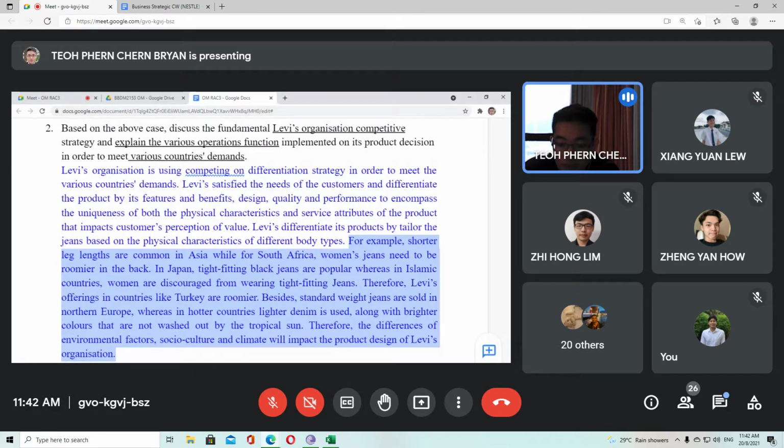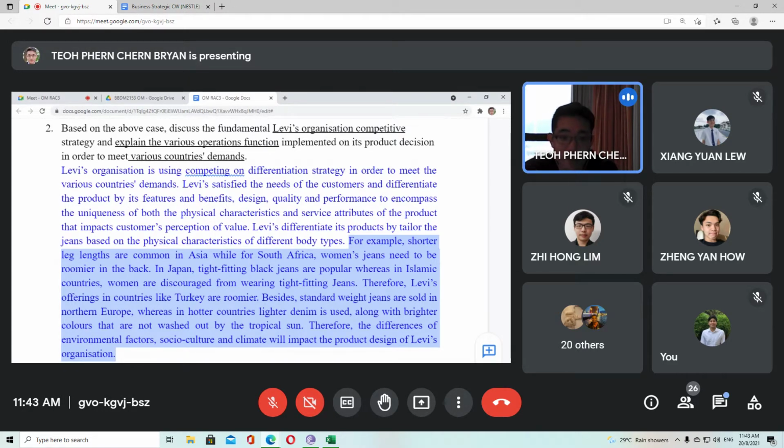So if in the exam, this one is a past year question, if you wrote response strategy, correct. Okay, if in the exam you wrote differentiation strategy, also correct. So it's very easy. I would say this question is quite easy for an exam question because both answers can be accepted.